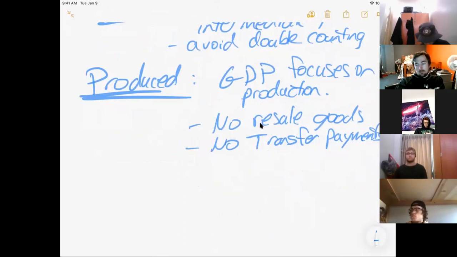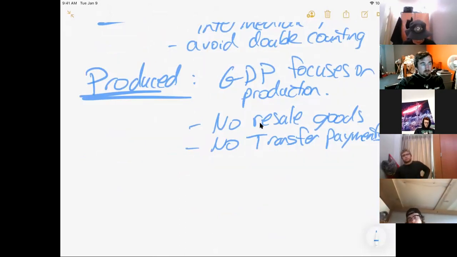If the government sends you a stimulus check, that's not included. If I borrow money from Logan, that's not included in GDP, right? Why? Because Logan gives me money and I'll pay him back in the future, but nothing has been produced. We are just transferring money. So anything that involves just the transfer of money doesn't get included. So this can be a tricky one.